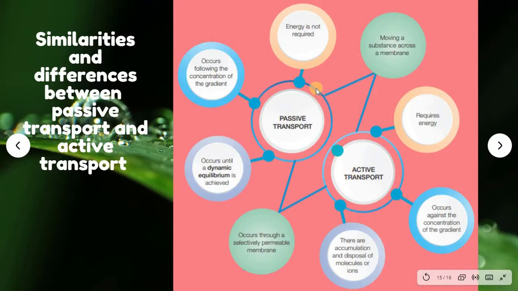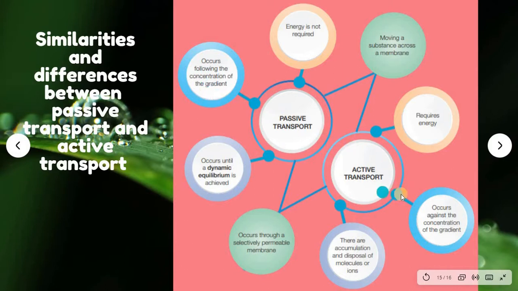We go to the differences. First, energy is not required in passive transport, and active transport requires energy. Second, passive transport occurs following the concentration gradient, in other words down the concentration gradient, moving from higher concentration to lower concentration area.